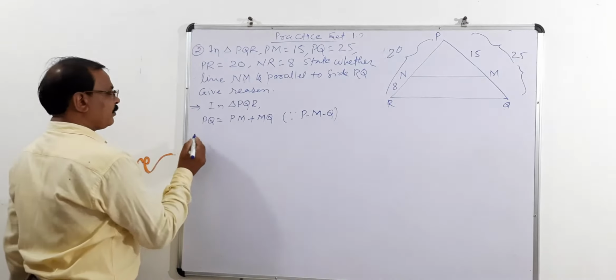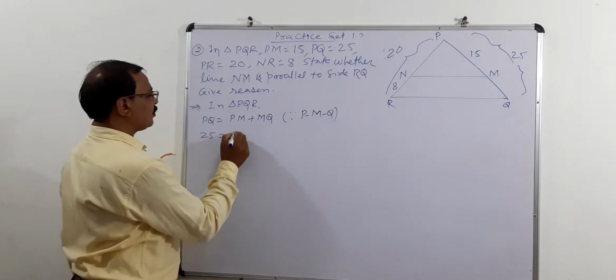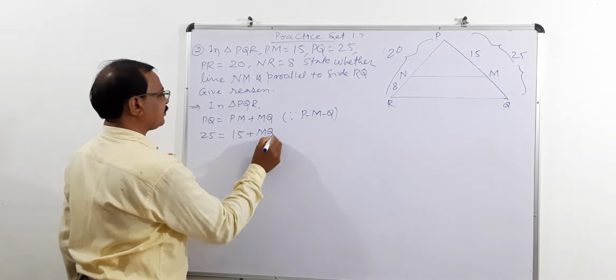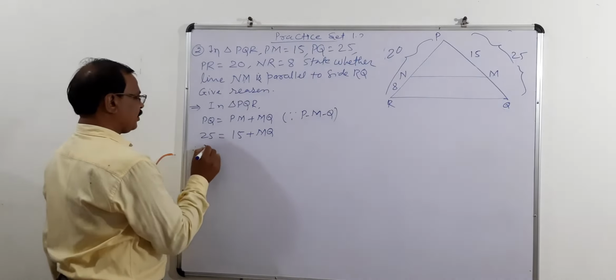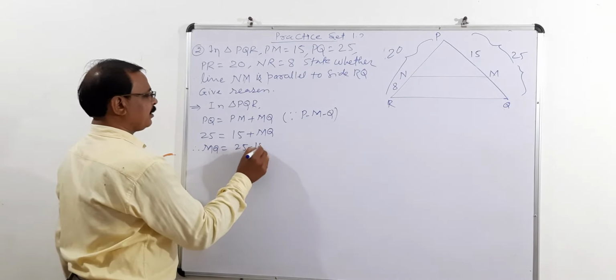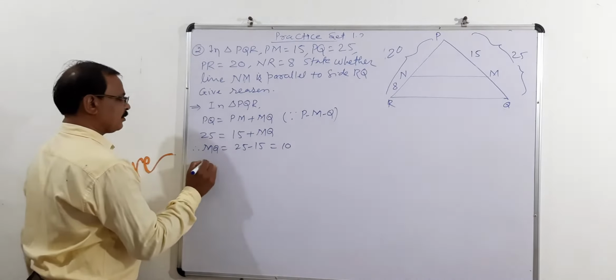Total value of PQ is equal to 25 given. The value of PM is equal to 15 is given, and here is MQ. Therefore, MQ is equal to 25 minus 15 is equal to 10. So MQ is equal to 10.